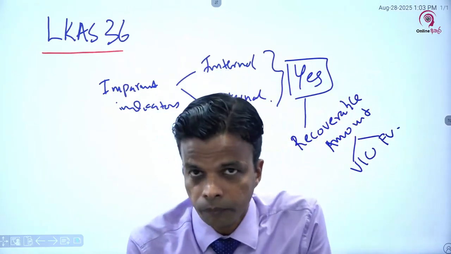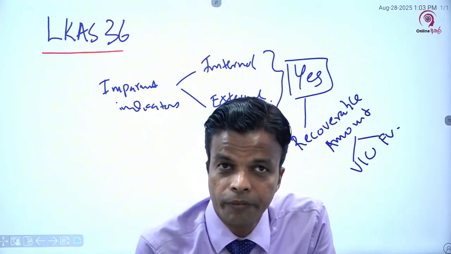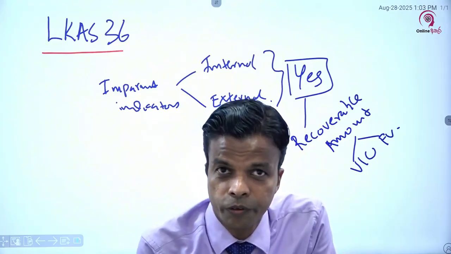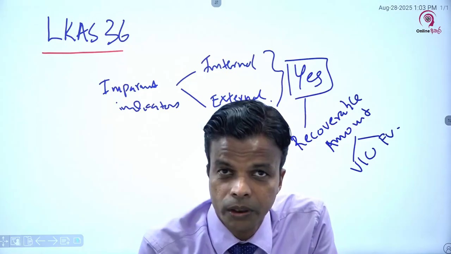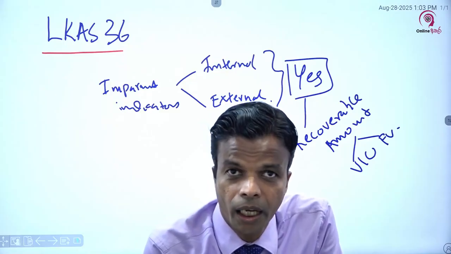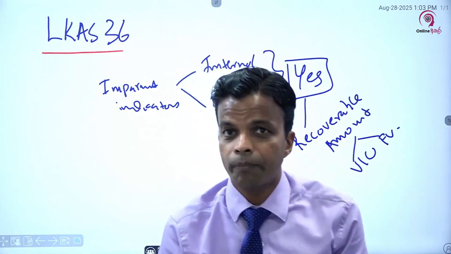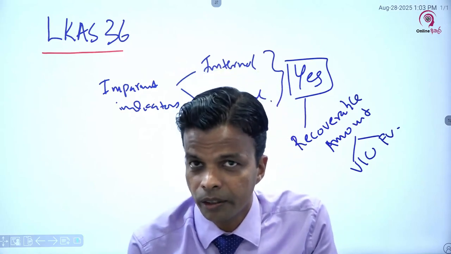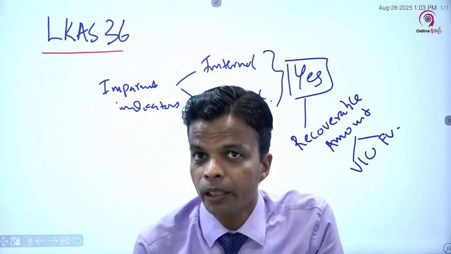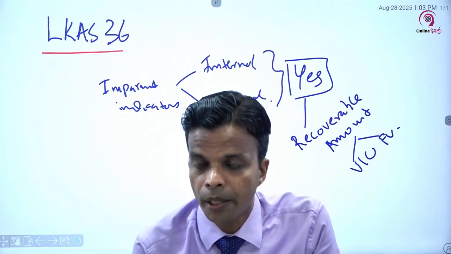Now, if you ask me what is the easiest way, ideally if the asset has a market, or there's a value readily available, the fair value exercise would be easy.